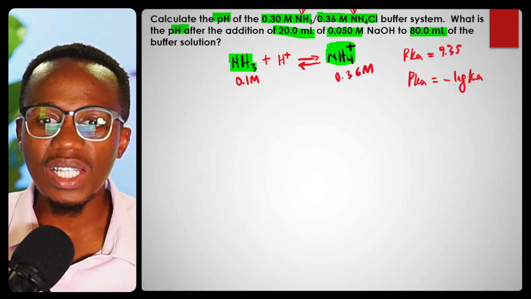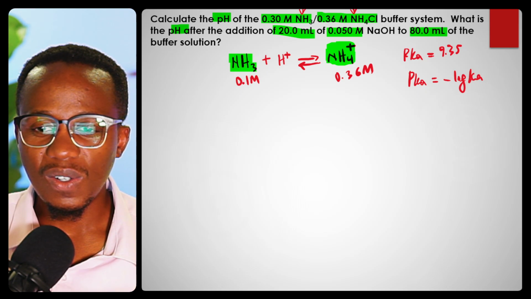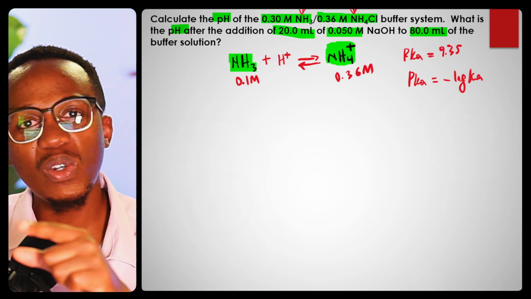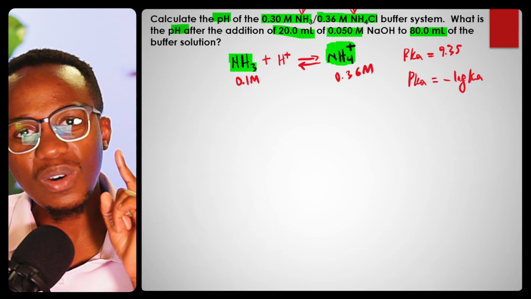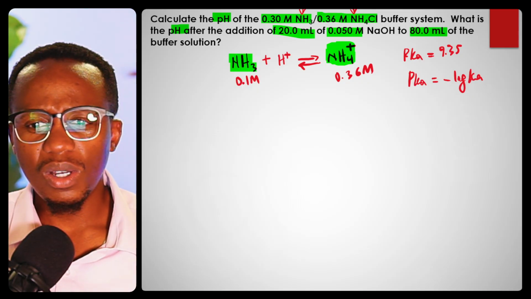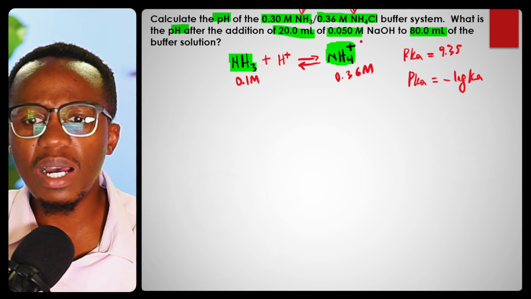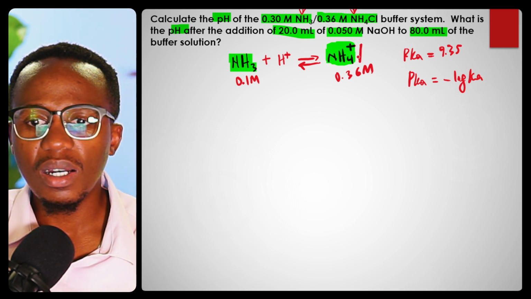Now, when it gets neutralized by our acid, is our acid going to go down or up? The acid is going to go down, because it's being used up, right? The NaOH is going to come here. It's going to use up our acid.